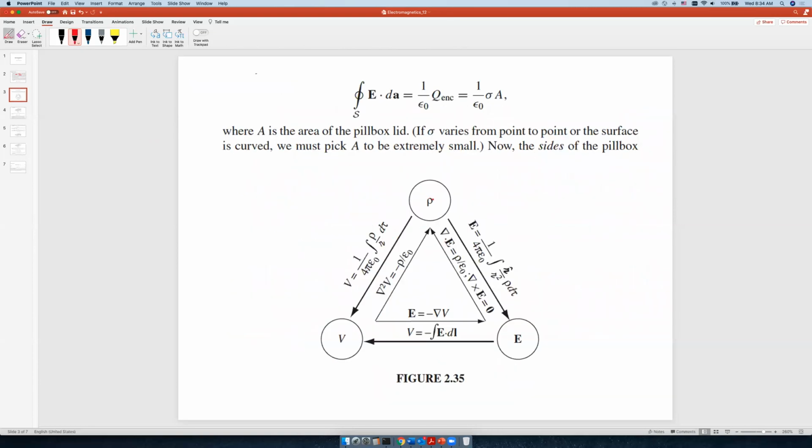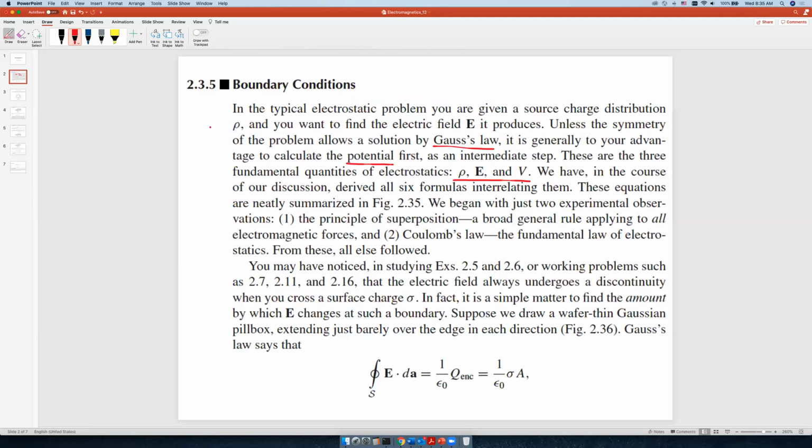You can calculate rho based on E, and E based on rho. You can calculate V based on E, and E based on V. And you have two equations to calculate rho based on V and V based on rho. So between each pair of them we have two equations. This guarantees that no matter which quantity we have, we can always get the other two.